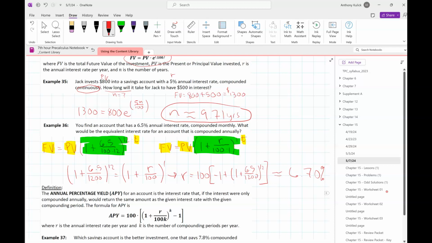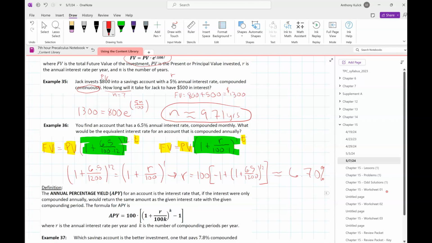Why would I be interested in doing something like this? It allows me to compare two different investment opportunities to see which one is really the better one, right? If I take something at some percent interest compounded monthly and something at some different percent interest compounded daily, how do I know which one is actually better?